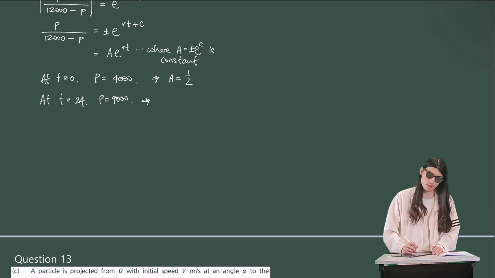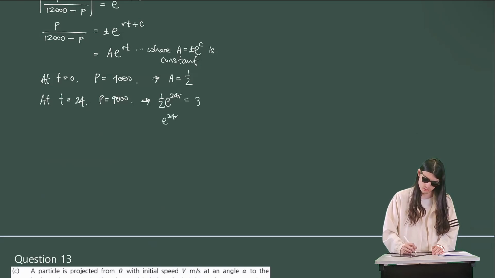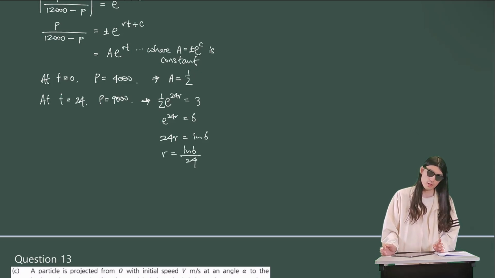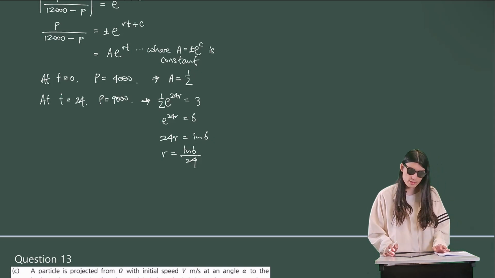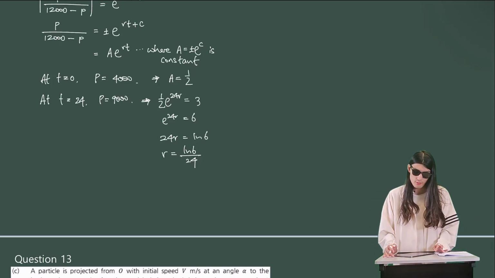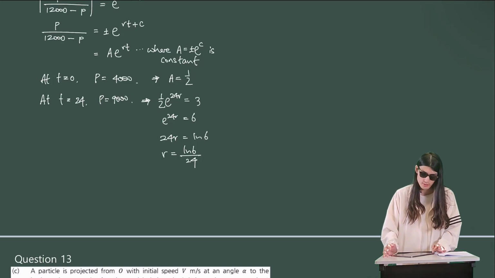From which you get, now we know A is equal to half, e to the power of 24r equal to, sub 9,000 onto the side, 9,000 over 3,000 gives you 3. So rearrange that to find your value of r, and there we go. Okay? Now we know all our constants. We know the arbitrary constant A, and we know the growth rate constant r.